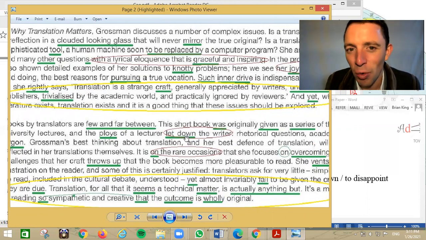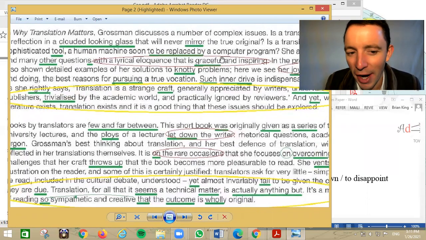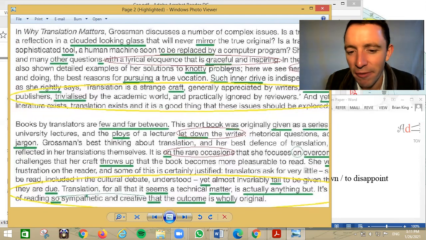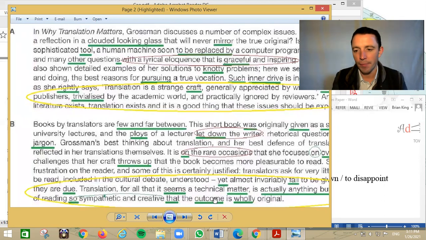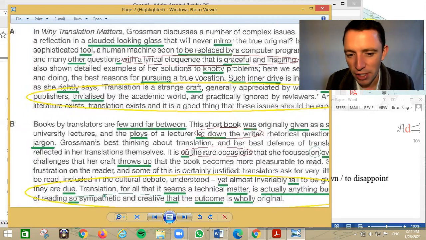So basically the quality of the writing is not very good. So this has a different opinion from writer A, who speaks about graceful, eloquence, inspiring, so very, very contrast. And for this reason, the answer is B. So B has a very different opinion from A. Okay, so very, very hard. And that's just one example of the question.